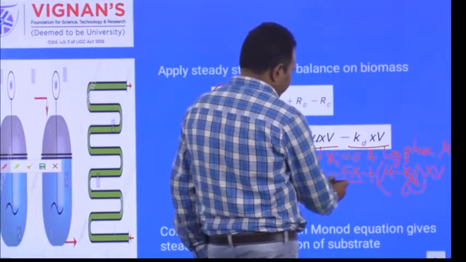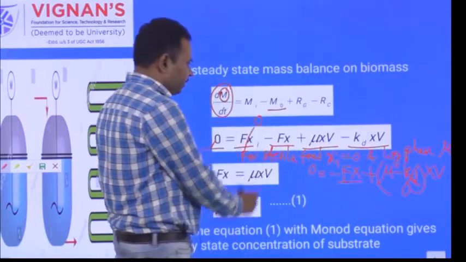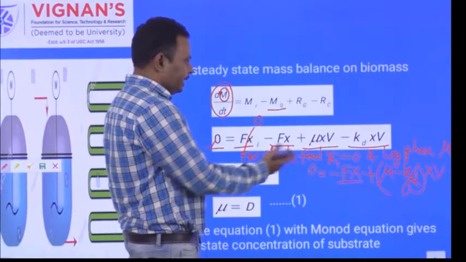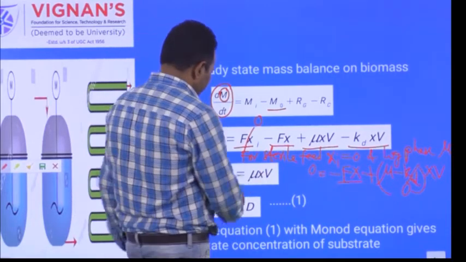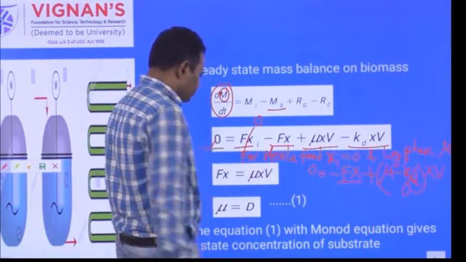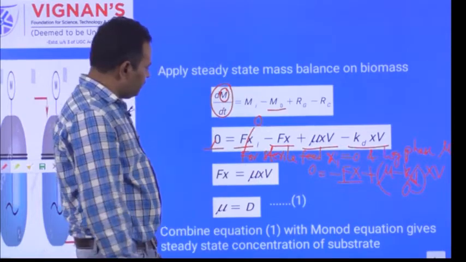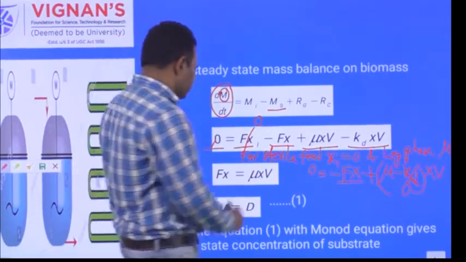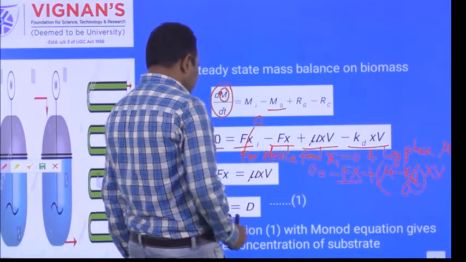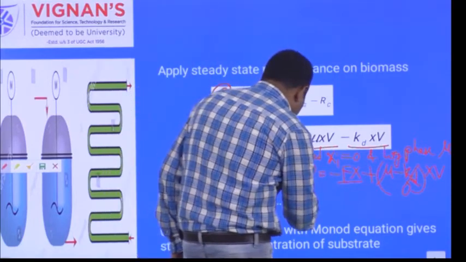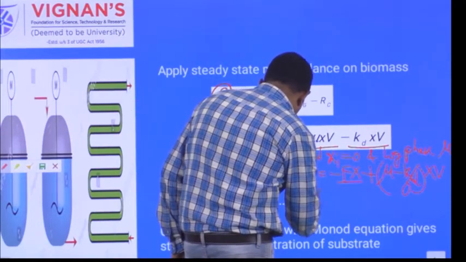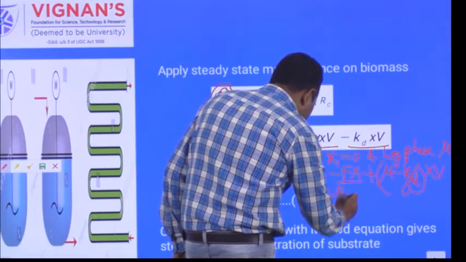Now in the next step, take FX to the left hand side. Putting kd equal to 0, this equation becomes FX is equal to mu xv. Okay. Now take this v to the left hand side. From this equation, take the right hand side v to the left hand side. That becomes F by v, x is equal to mu x.